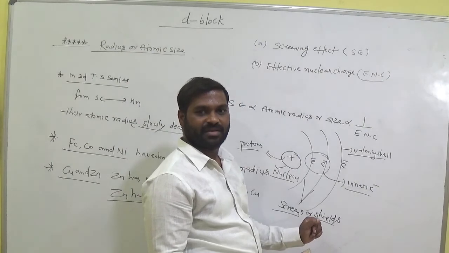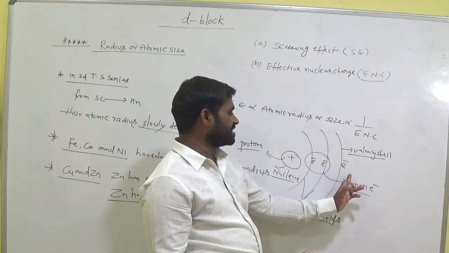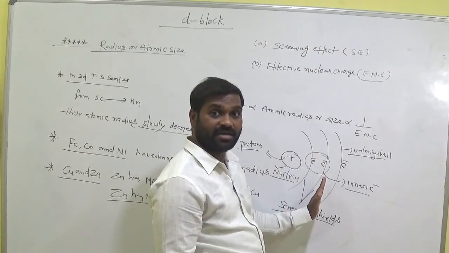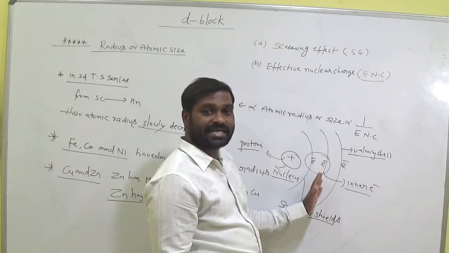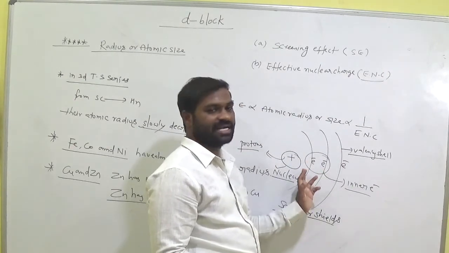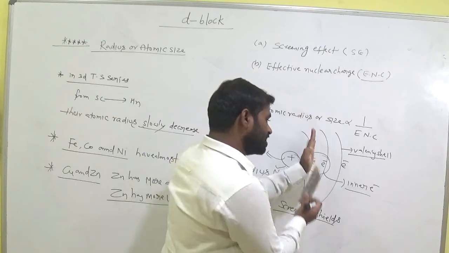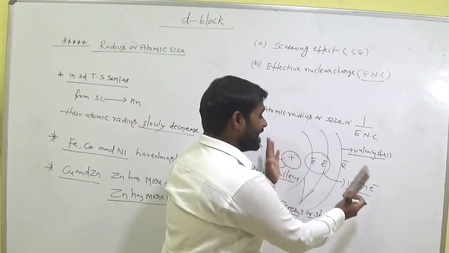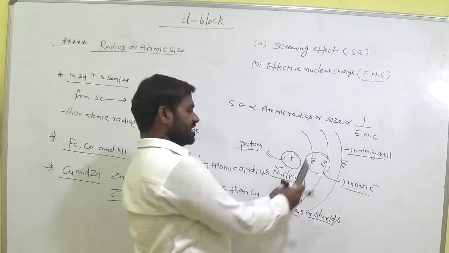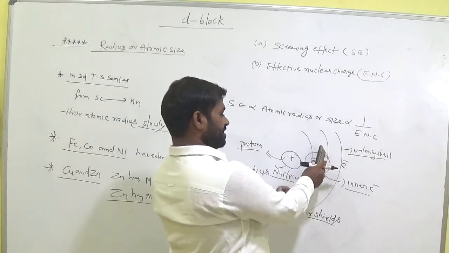Clear? So the nucleus easily attracts the outer electron when the screening effect is weak, because not many inner electrons are present. But when the inner electrons act as a good screen, what happens? Attraction is very less, then atomic size increases.